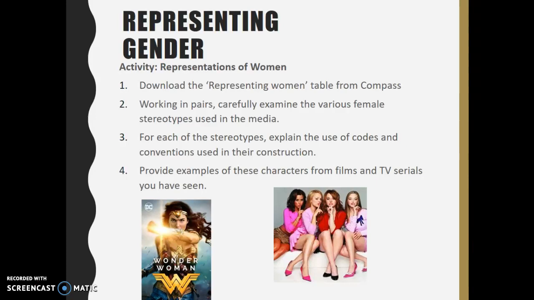The first one that has been done for you is housewife. Then we've got single lady, working mother, powerful woman, female superhero, queen bee, girl next door, and damsel in distress.